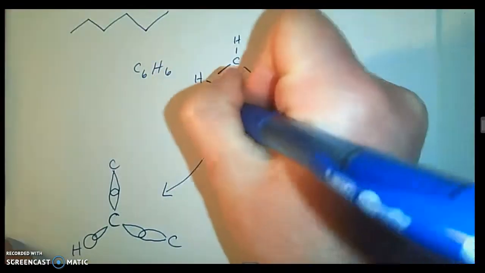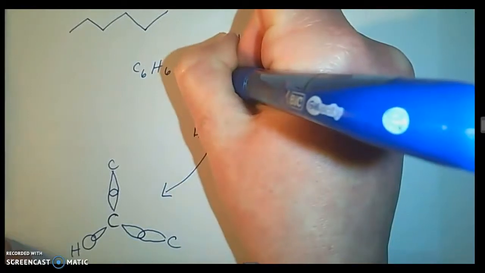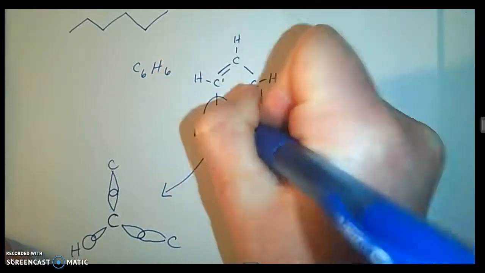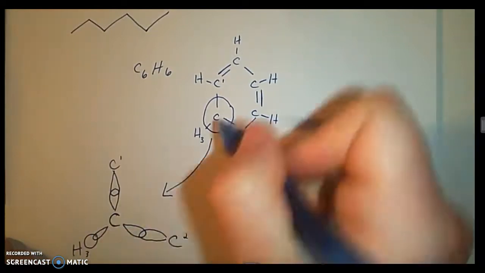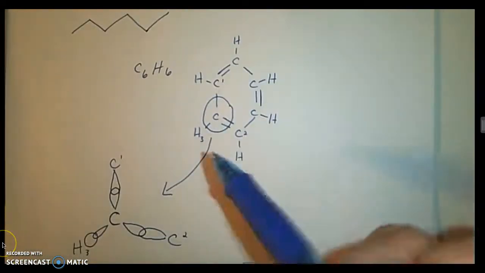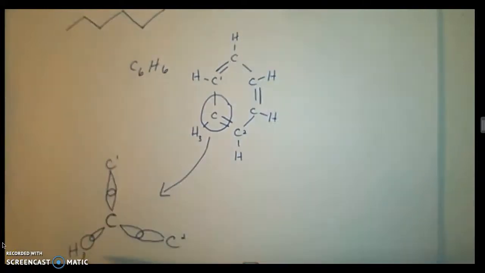So if I'm numbering carbons, this is my principal carbon here, and this would be 1, 2, and 3. Okay, so these bonds are formed by the overlap of orbitals.